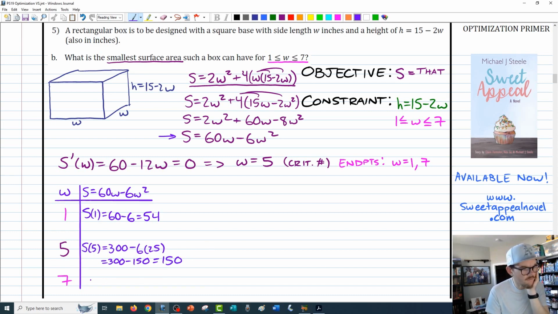But 7's here. Let's just make sure that 7 isn't the candidate. So that's going to be 60 times 7, which is 420. And then 6 times 49. This will be 420 minus 6 times 50. And then I'm going to add back to that the last 6.